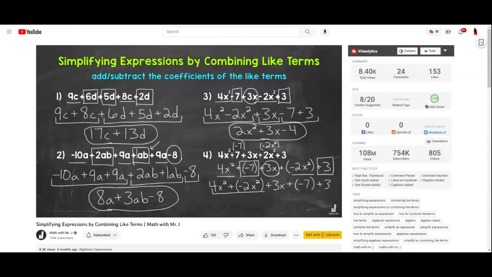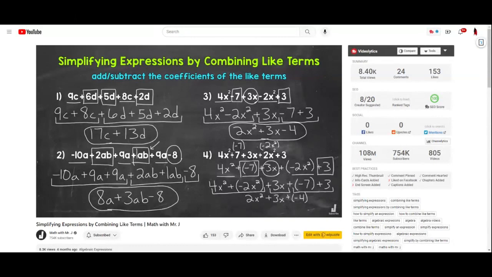We have 4x squared plus negative 2x squared. 4 plus negative 2 is 2, so we have 2x squared plus 3x plus negative 7 plus 3. Negative 7 plus 3 is negative 4, so plus negative 4.